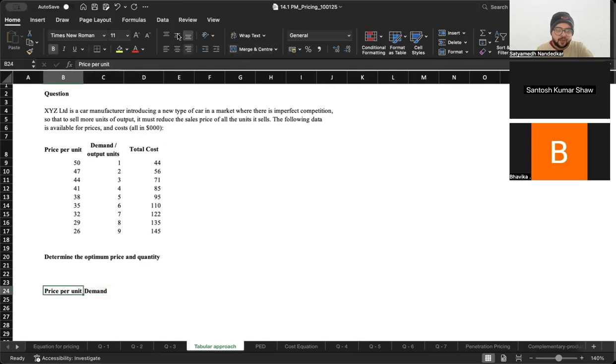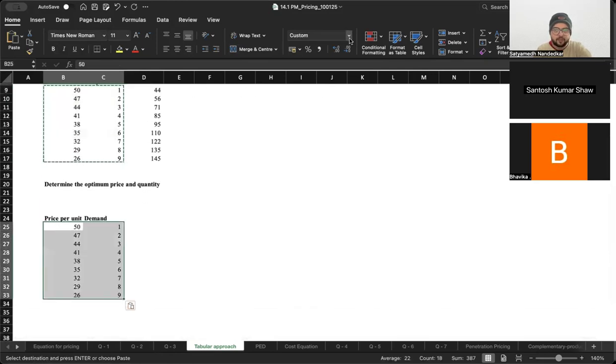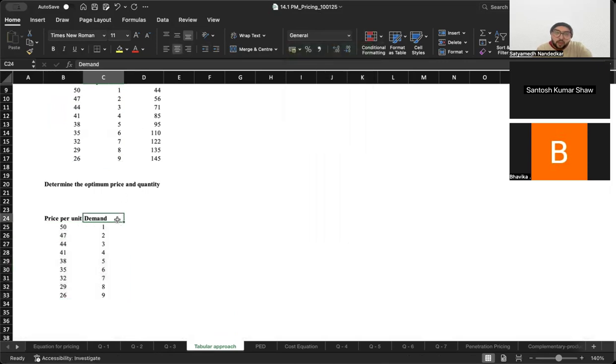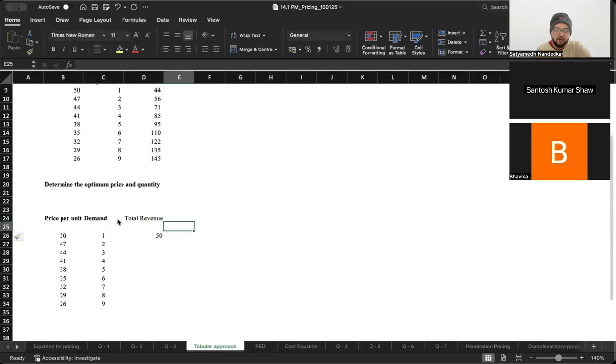Okay, so first of all, let's write down the demand and the price per unit. Once I write this down, I should get my total revenue. Total revenue is quantity into price. If we want, we could label these columns.